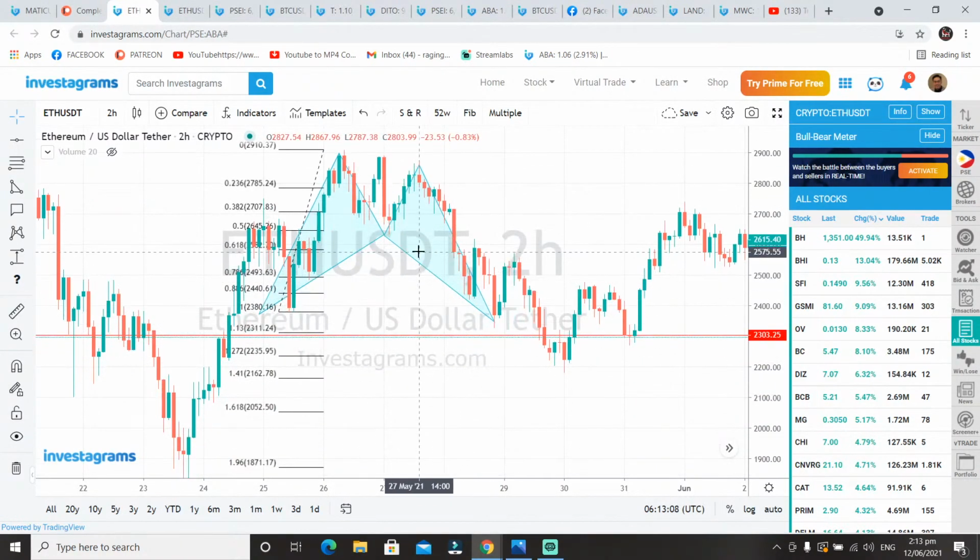Then for this one, let's check if it made another pattern, X, A, B, then C. What pattern did it make? I'm going to measure again.